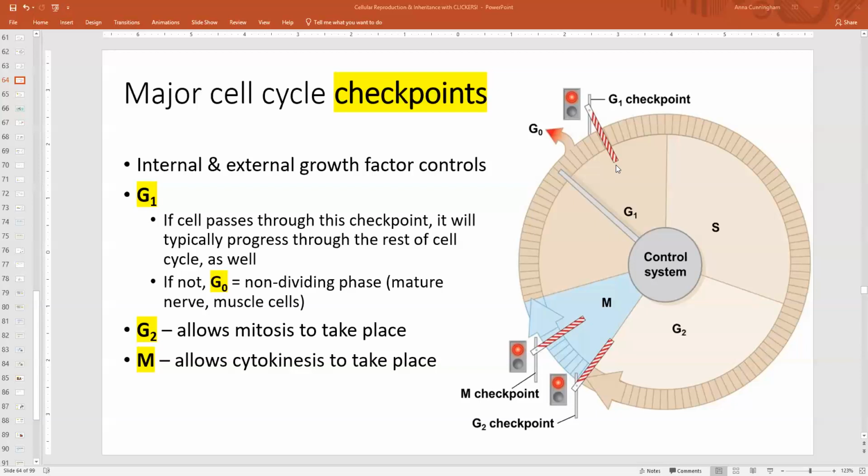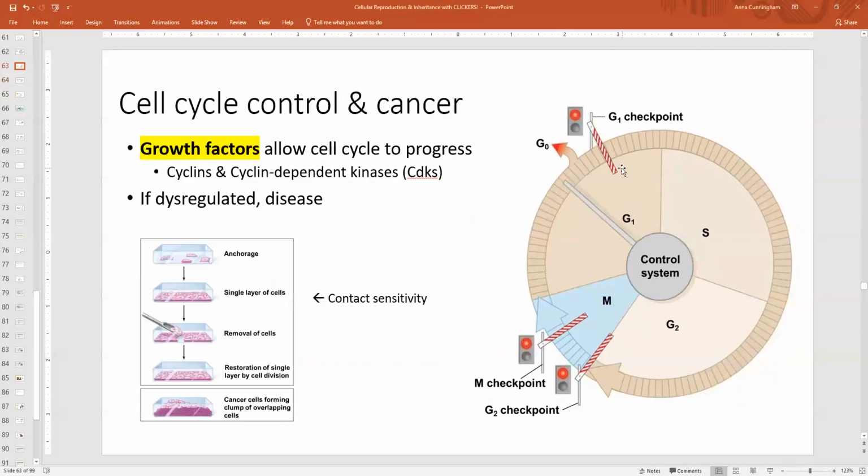All right, so those checkpoints are heavily, heavily regulated. Again, if we go back, they are regulated by growth factors. So there are growth factors or molecules that allow us to get through the G1. Growth factors are molecules that allow us to get through G2 and M as well.